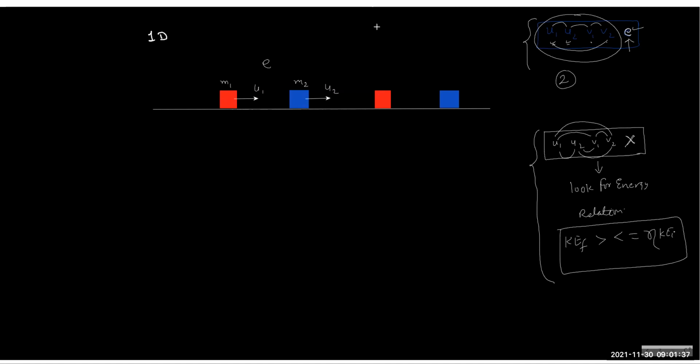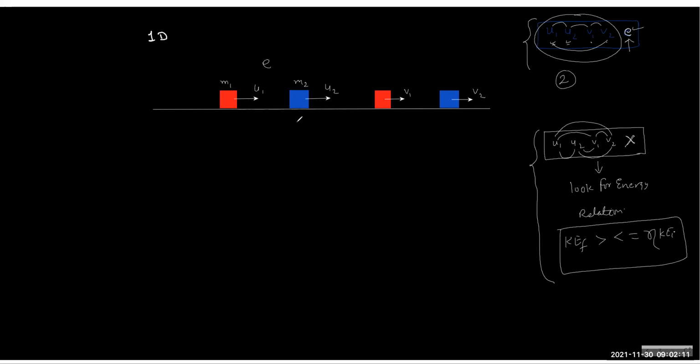So it's very obvious that you must assume the way you want, no matter how. So make some logical choice. Even if you make a wrong choice of V1, V2 in terms of direction, it will never affect the answer. But the way you choose V1, V2 as a direction, the definition of E, that is the coefficient of restitution, will alter.